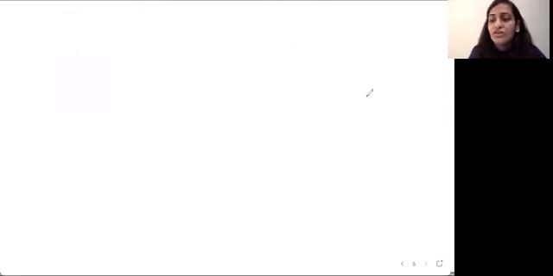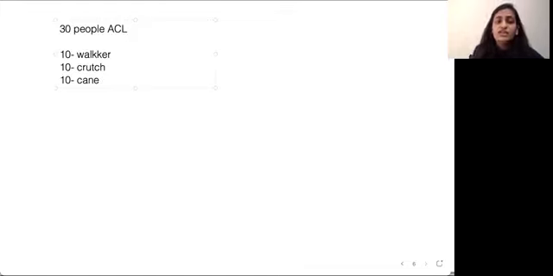We have 30 people with ACL tear. Ten people are given a walker, 10 are given a crutch, and 10 are given a cane.